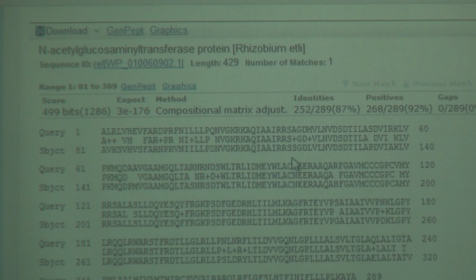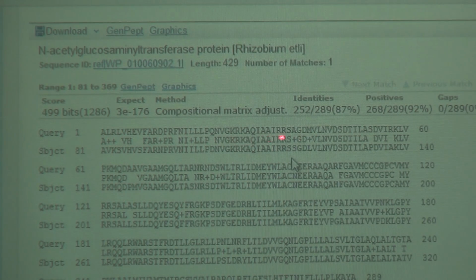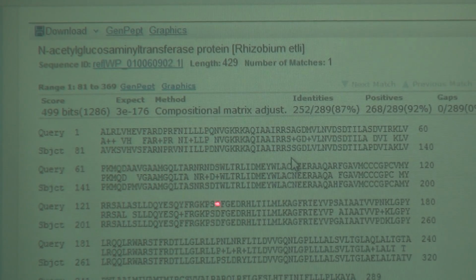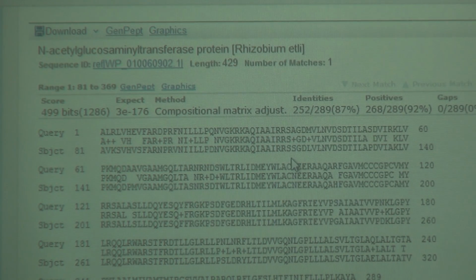And what I want to show you further is, let's take one hit that is less similar to our query. So again, our sequence is on the top, here, here, here, here. The hit, the sequence from the database, is at the bottom, here, here, here.